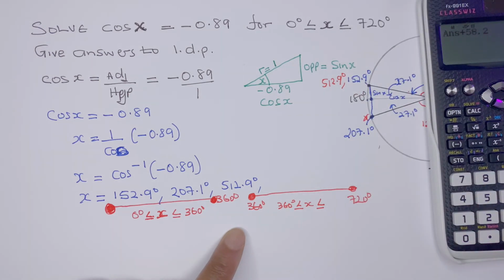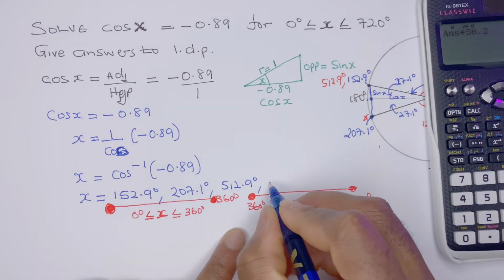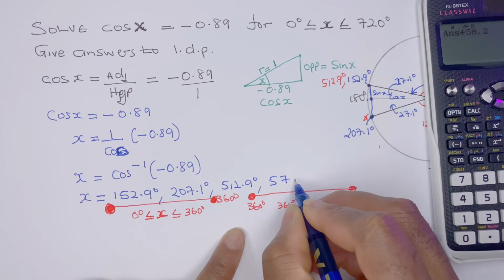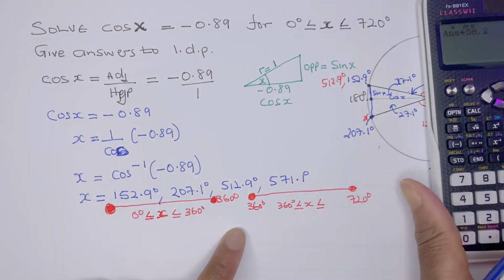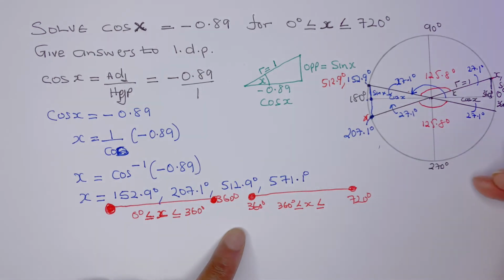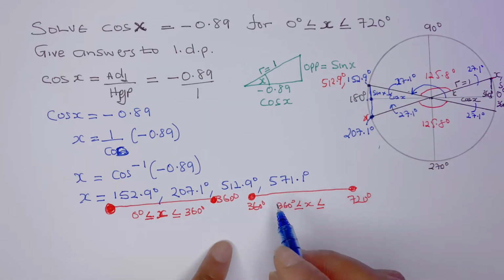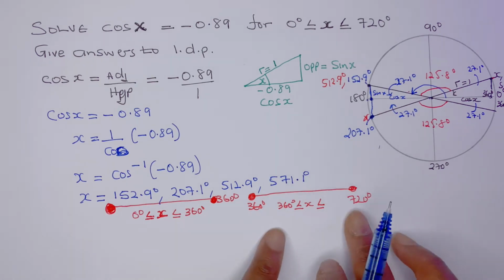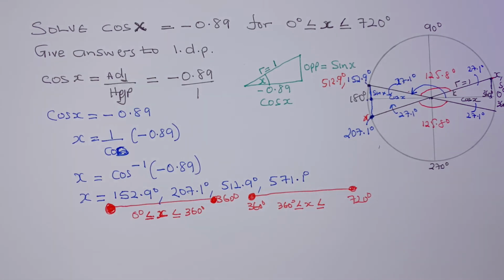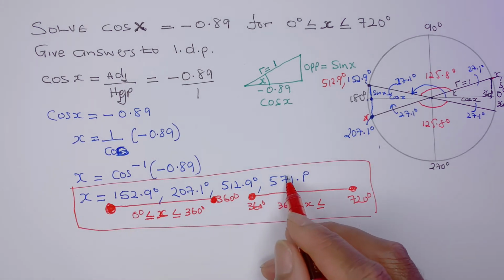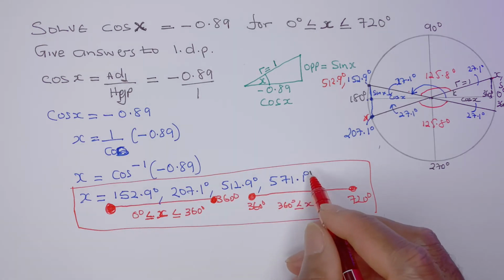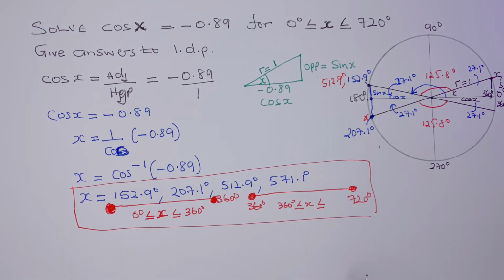So that would be 571.1 degrees. And I couldn't go back anymore because that would be 3 times now. So I only have to do it twice, and that's all I'm looking for. So the values of x I'm looking for are 152.9 degrees to 571.1 degrees. These are the values of x.